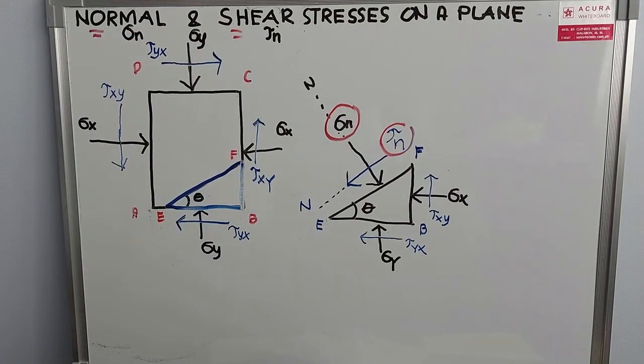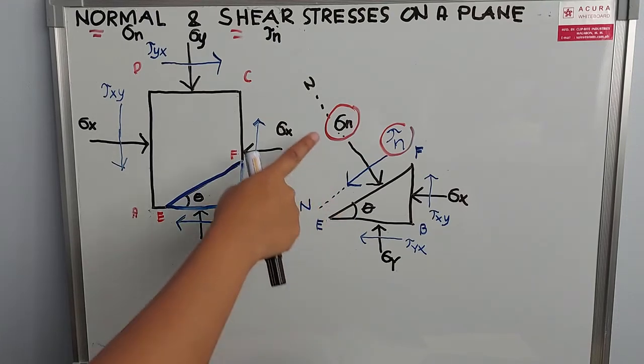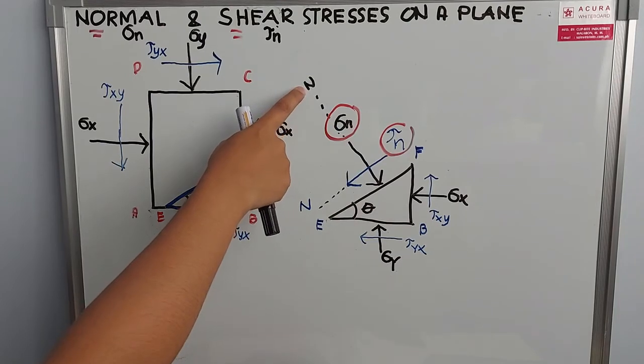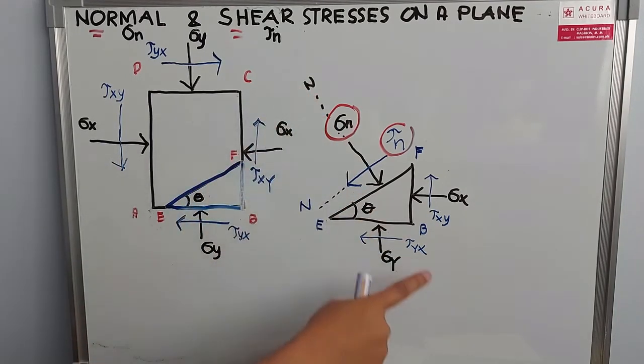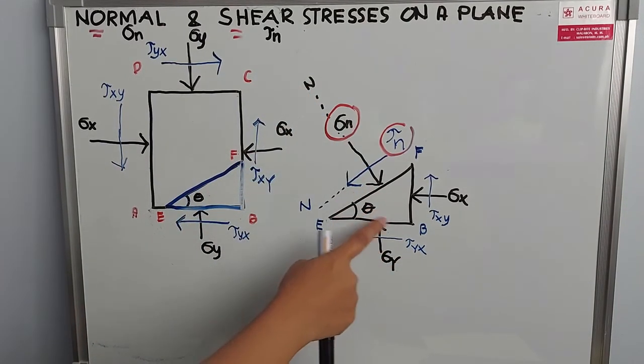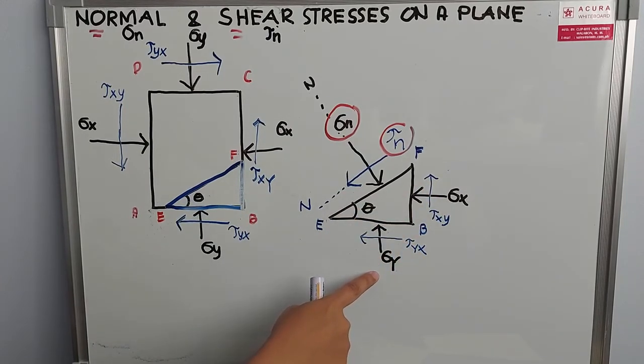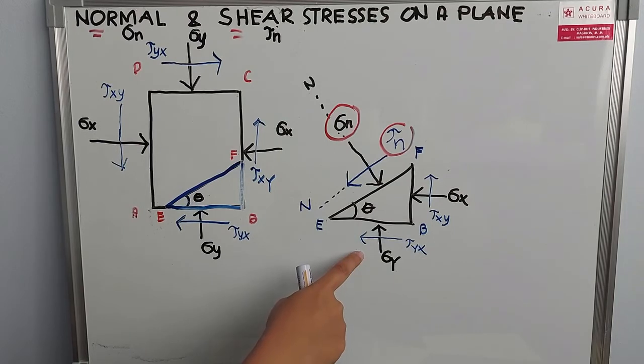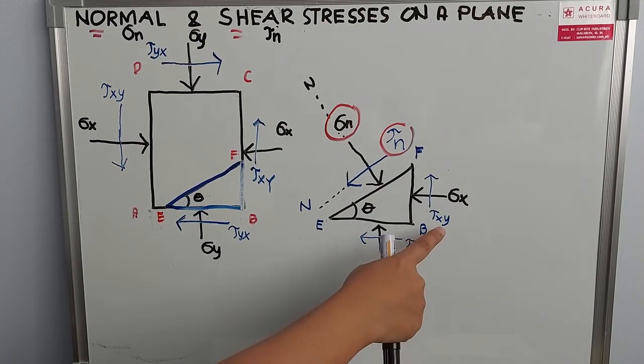From the principles of engineering mechanics, if we get the summation of forces along the n direction, of course, for the forces here, remember we have a normal stress acting along y and along x. We also have shear stresses acting along yx and along xy.